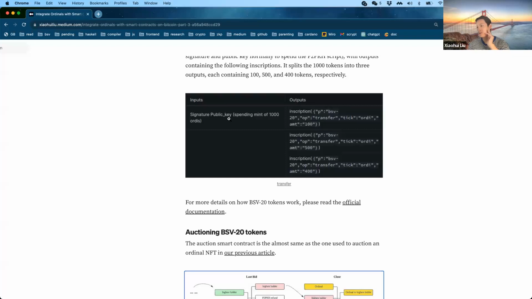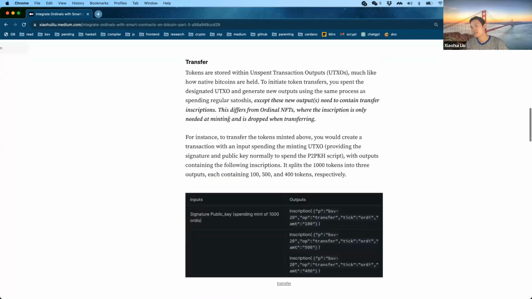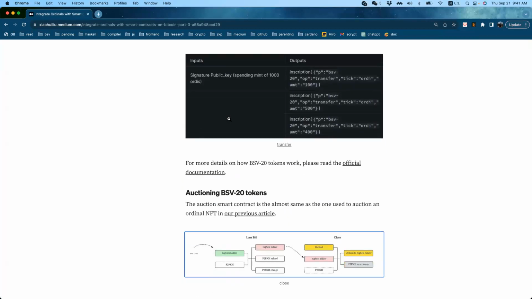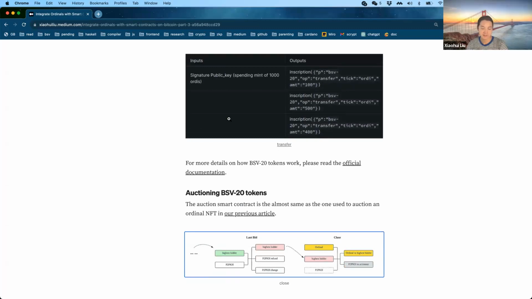Anybody still remember this? So when you do an NFT, let's say you inscribe a picture. You only inscribe it for the first time, and then you can keep transferring. But after the first transfer, you don't inscribe the picture again. So you drop the inscription.